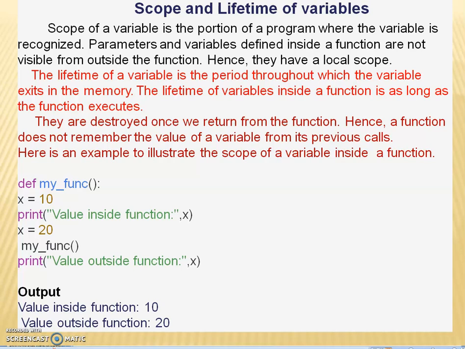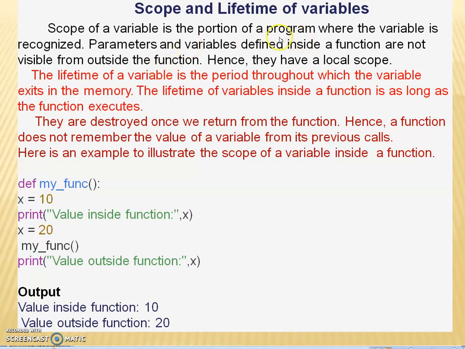Here scope means that these variables can be used within the function, outside the function, or both inside and outside the function. Depending upon the usability of the variable, different types will be there. So we are going to see the scope and lifetime of a variable.